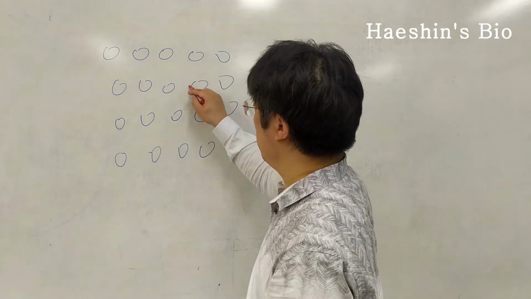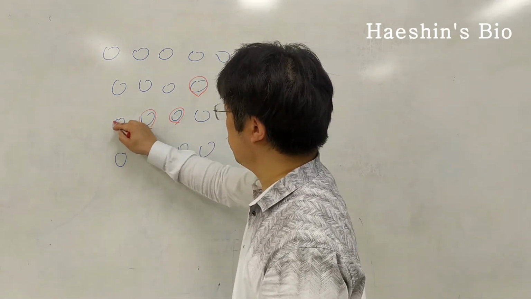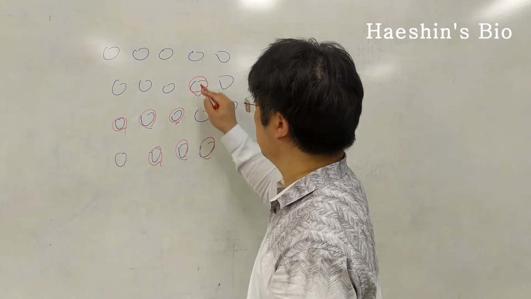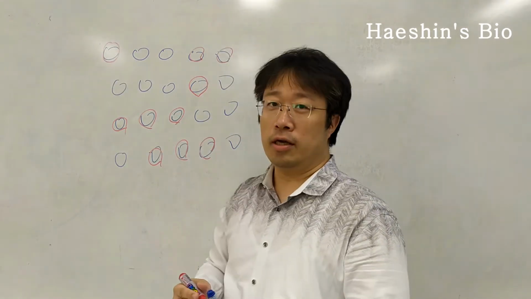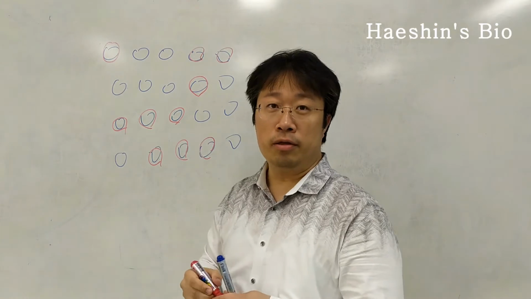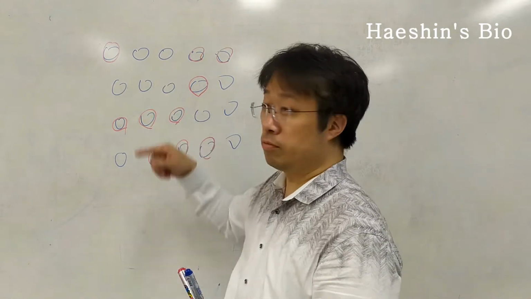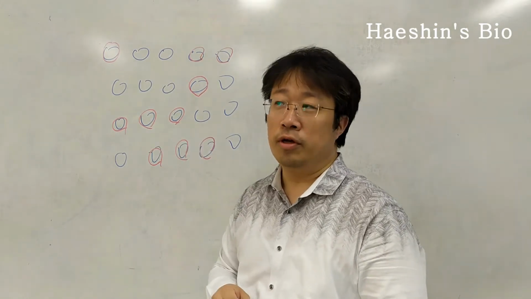The double circles are female, and the simple blue ones are male students, for example.